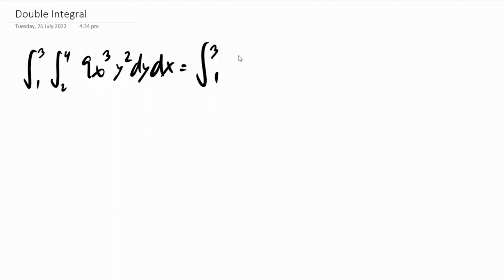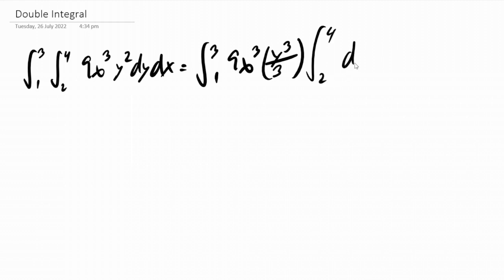So 9x cubed, and the integral of y squared is y cubed over 3, with limits from 2 to 4 dx. Next we substitute 2 and 4 to y, and then we cancel out 9 and 3 here.